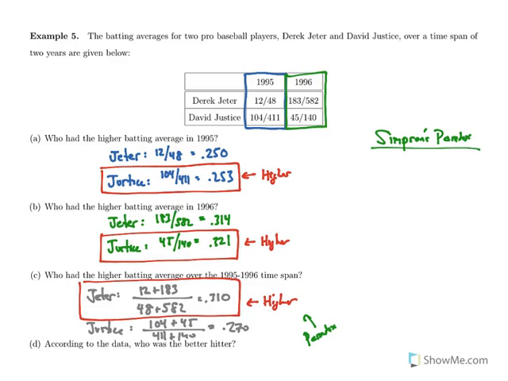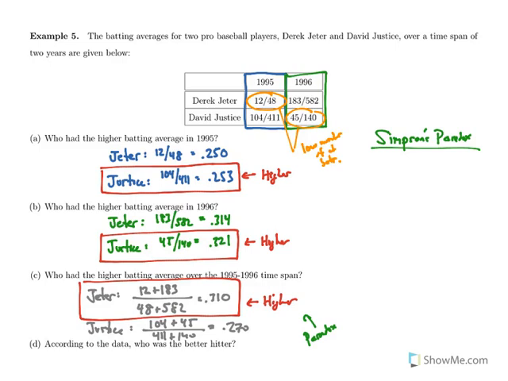So the reason why this works is because they both had a low number of at-bats in different seasons. And in 1995, the low number of at-bats corresponded to the low average.